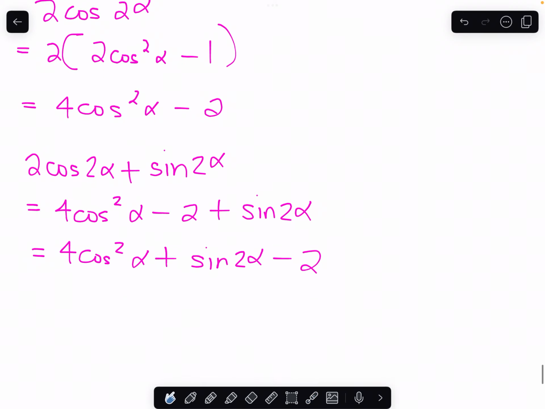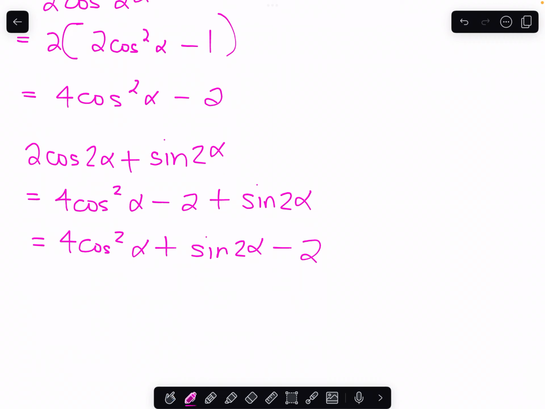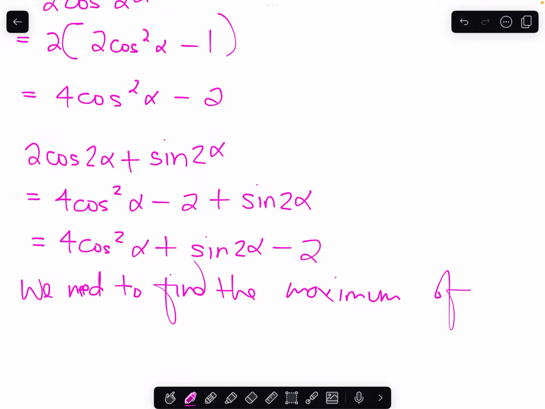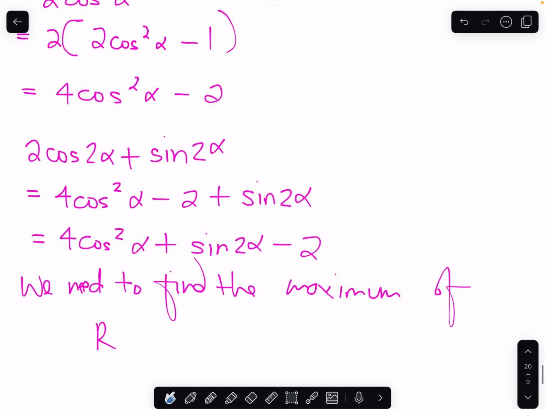Okay, so we need to find the maximum of, and I'll replace the figures just now, r cos 2 alpha minus beta.